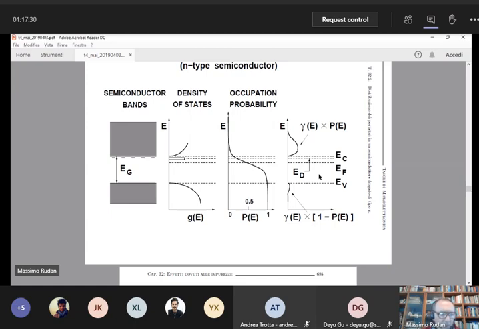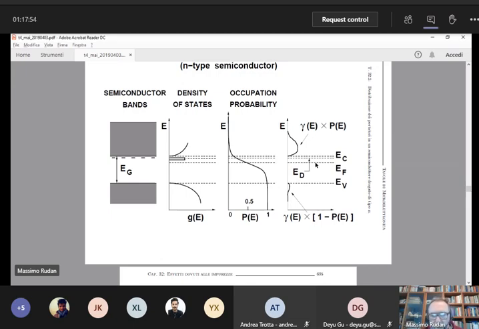This condition, you remember, in which we can replace the Fermi integrals with exponentials, is called the non-degeneracy condition. So the semiconductor in this case is called non-degenerate, okay?